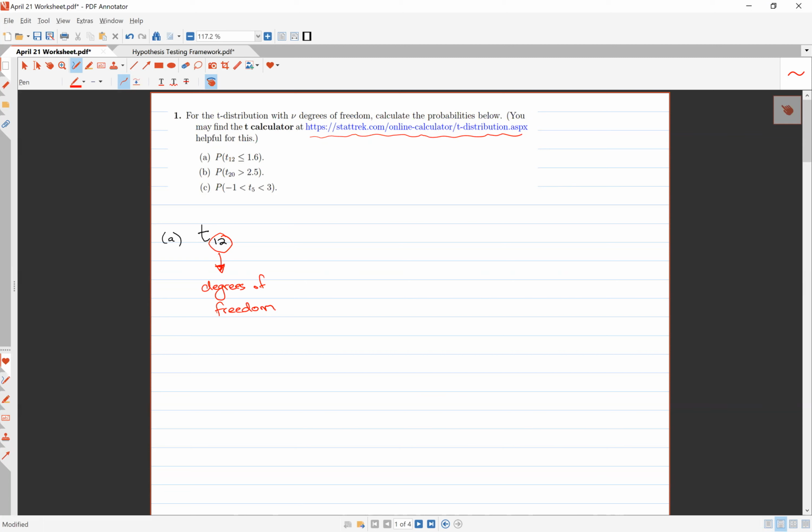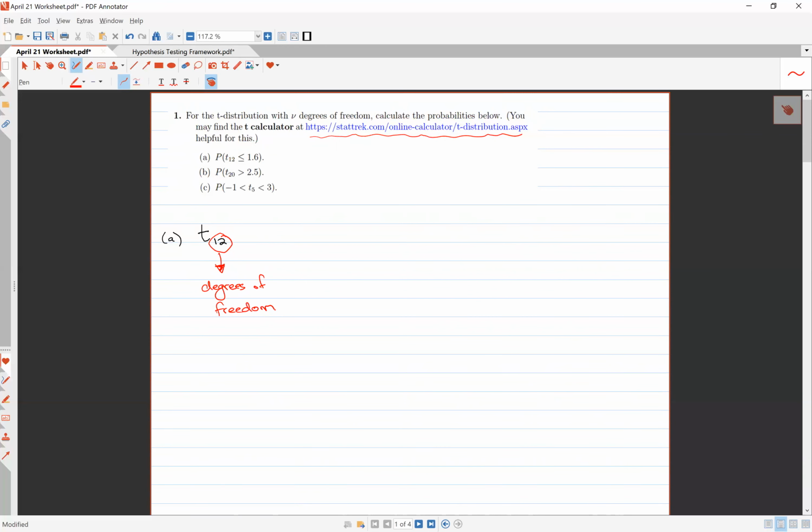And what that means is you're more likely to have very large or very small values with a t-distribution relative to a normal distribution. But the larger the degrees of freedom are, the closer you end up to a normal distribution. So the distinction between them disappears as the degrees of freedom increase.